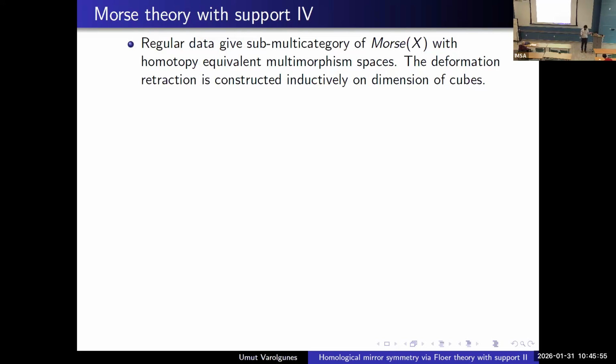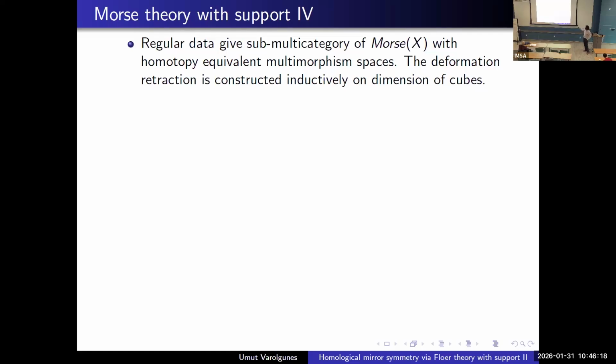So if you have any two Morse functions, then you can't necessarily connect them with a one-parameter family of Morse functions, but you can connect them with a family such that the moduli problem that it defines is regular. Okay, so cubical sets, simplicial sets really allow you to say this in a good way.